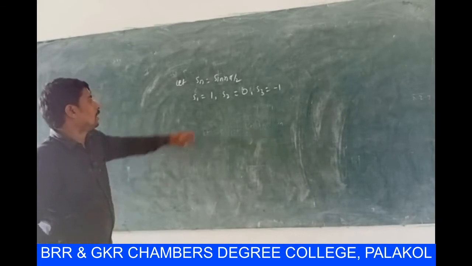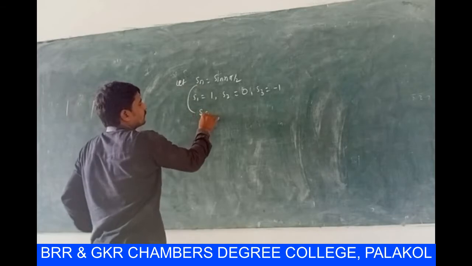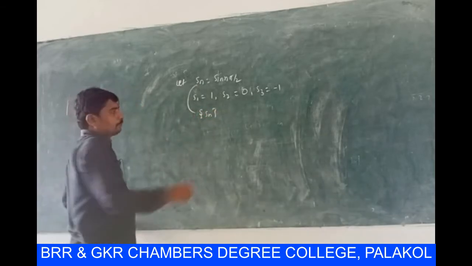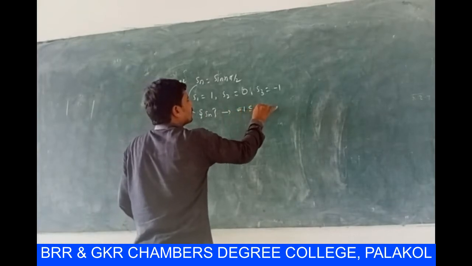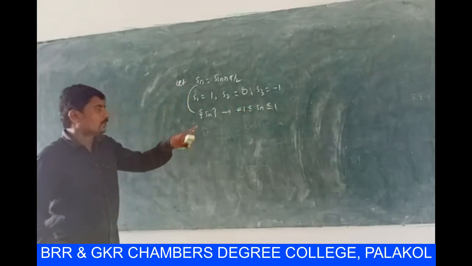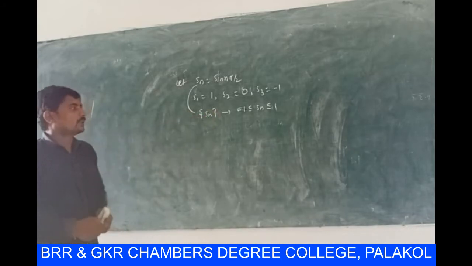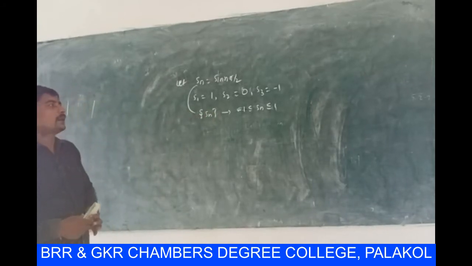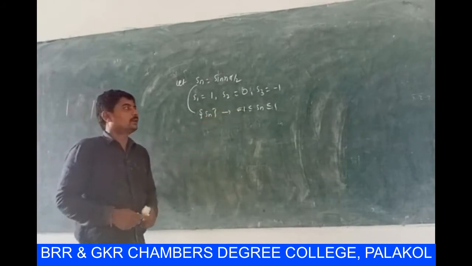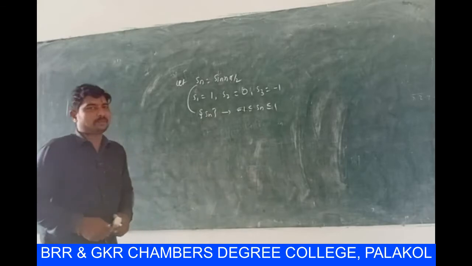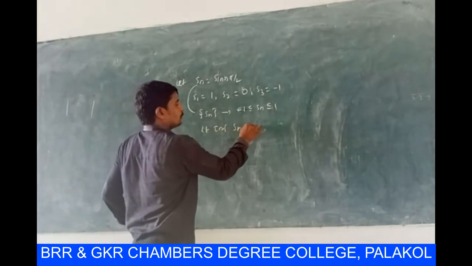So this sequence Sn is bounded because minus 1 is less than or equal to Sn is less than or equal to 1. Means the sequence Sn lies between minus 1 and plus 1. Minus 1 is the lower bound, that is the least value. The least value minus 1 is called limit infimum of Sn, so limit infimum of Sn is equal to minus 1.